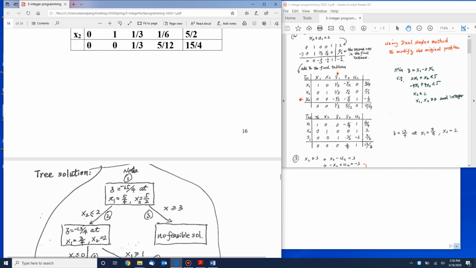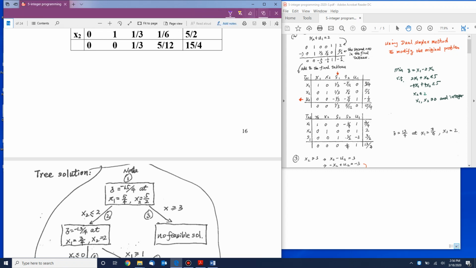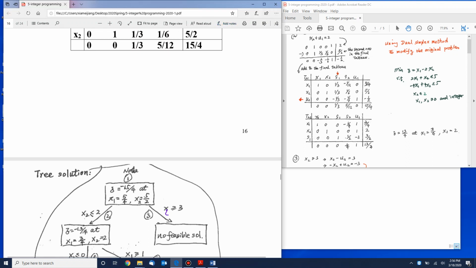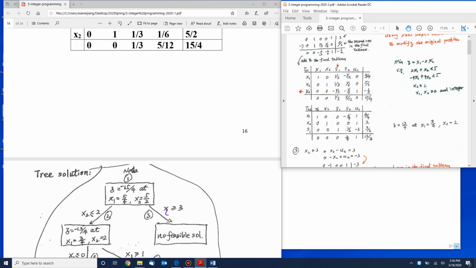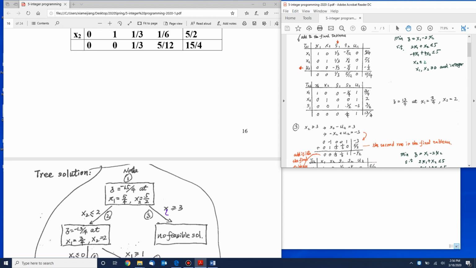Now we work out this one. Here should be x2, I missed the 2 here. So we want x2 greater than or equal to 3. Now we bring the condition into it: x2 greater than or equal to 3, then we add another slack variable.